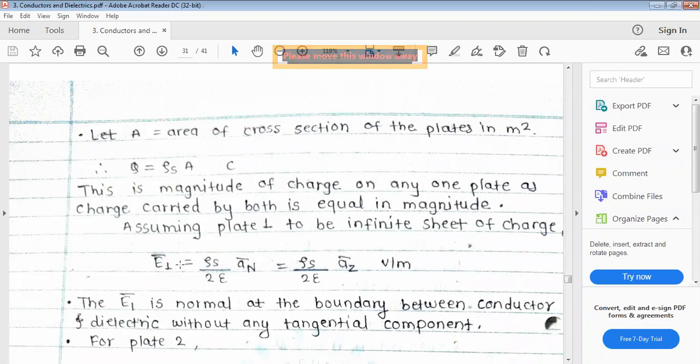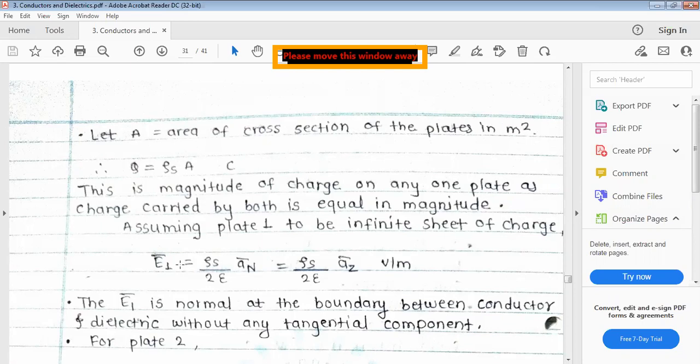So assuming plate 1 to be an infinite sheet of charge, that plate is nothing but one surface, right? So for the surface charge or the infinite sheet charge, what is the formula for electric field intensity?